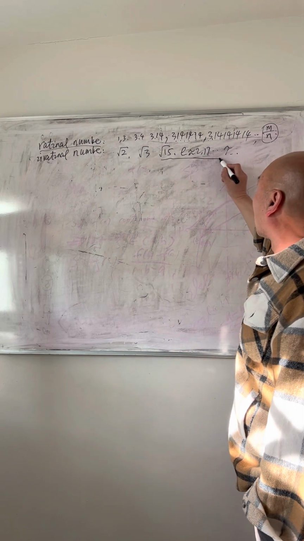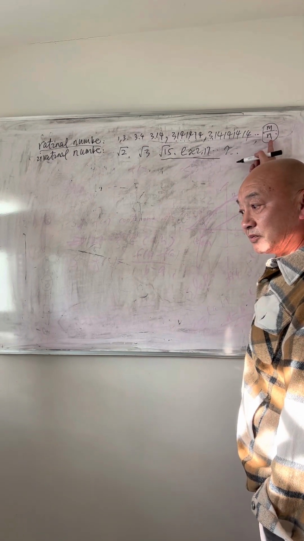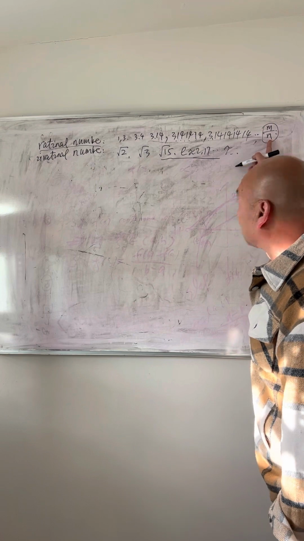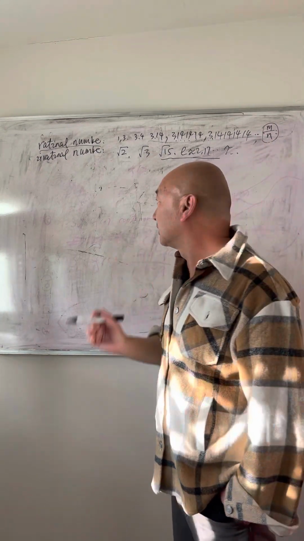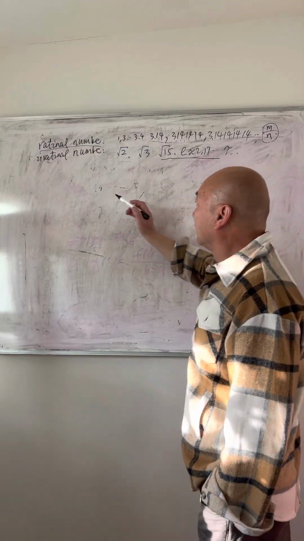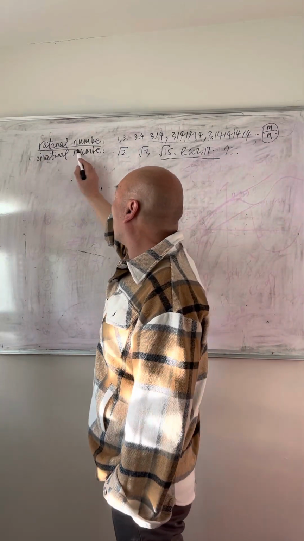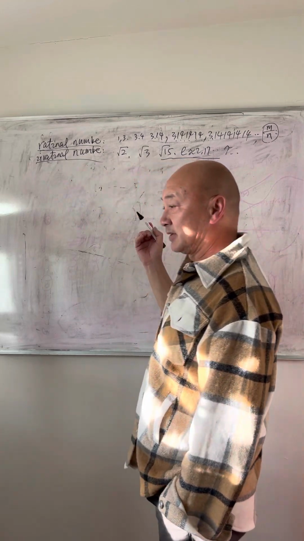An irrational number cannot be written in this form. If you write it in that form, it must have some common factor. Okay, that's the basic knowledge, the common sense.